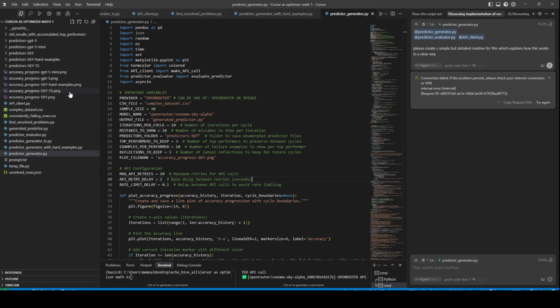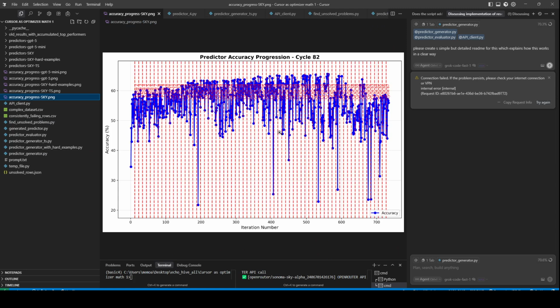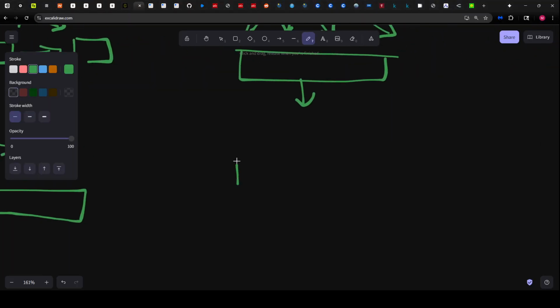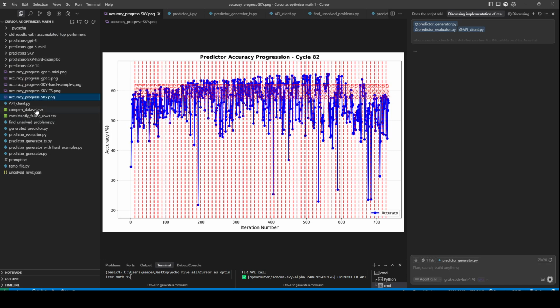So therefore, I actually introduced cycles, as you see over here. Each one of these red dotted lines is actually a cycle where we let the model run and produce solutions, and we calculate the accuracies of those Python solutions against the entire data set, which is quite large.